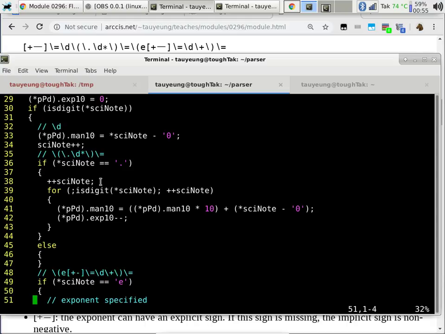So when I see 1, nothing is happening. When I see 1.2, okay, then the mantissa becomes 12, but then the exponent of 10 becomes -1. When I see the 3, the mantissa becomes 123, but the exponent becomes -2. So that's basically how I track the mantissa, even though I do not use any floating point representation.